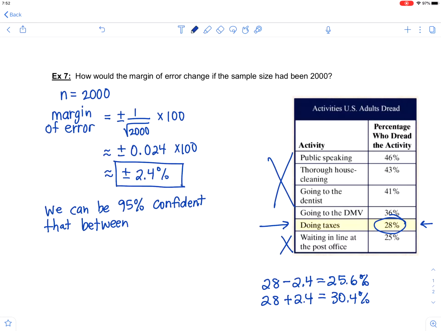So we can be 95% confident that between 25.6% and 30.4% of all adults, so talking about the entire population, dread doing taxes. And you could experiment with that as your N value increases and you survey more people, that margin of error would become smaller.